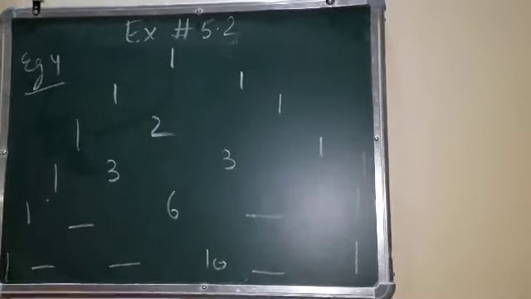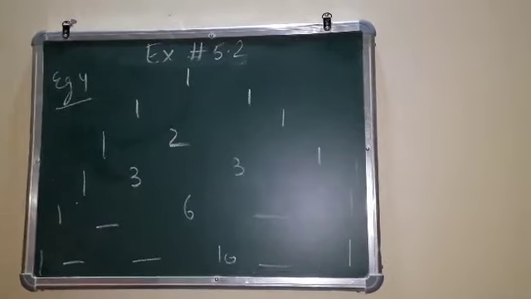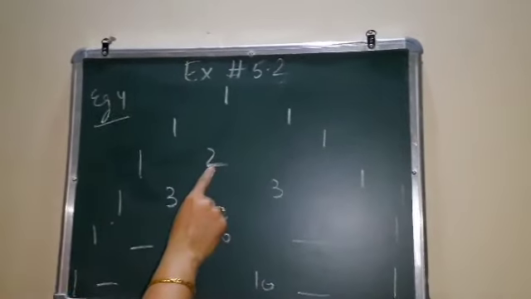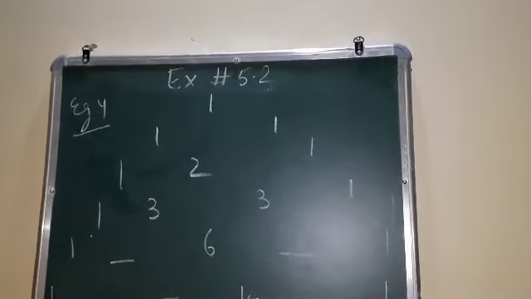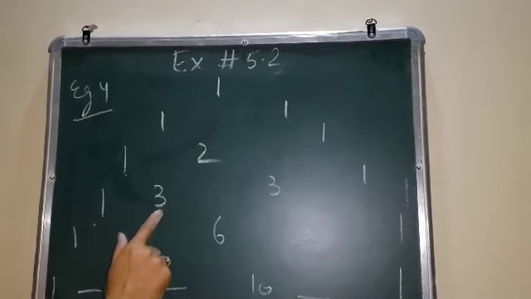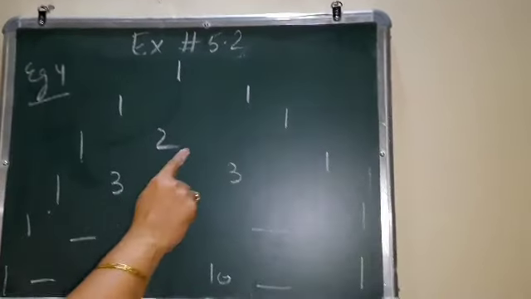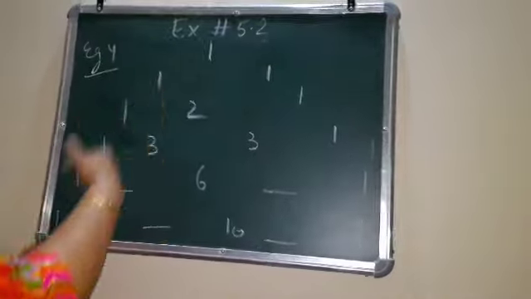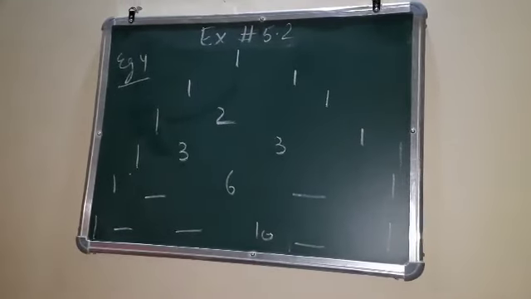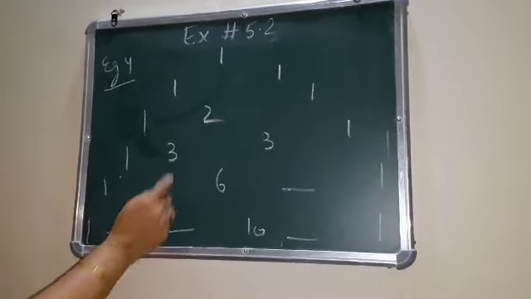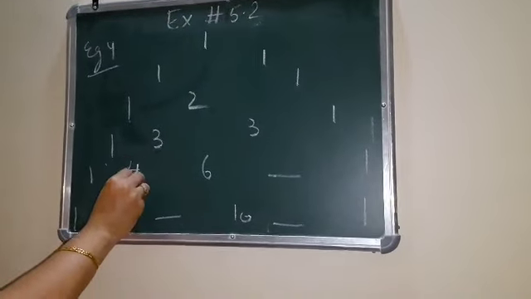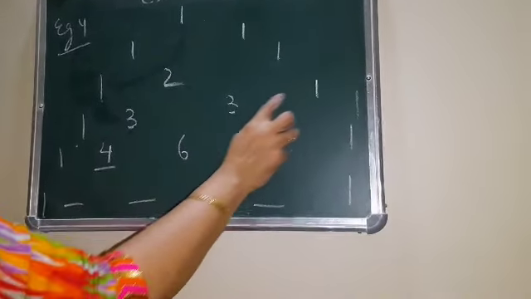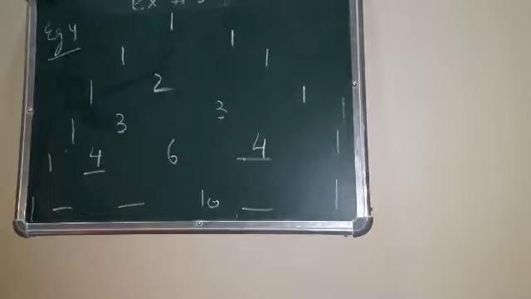So what is here? What you can see, that if you see 1 plus 1 is 2, right? Then 1 plus 2, in between it is written 3. 2 plus 1, 3. Sides, all ones are going on. Then what can be done? 1 plus 3, it will be 4. 3 plus 3 is 6. 3 plus 1 is again 4.